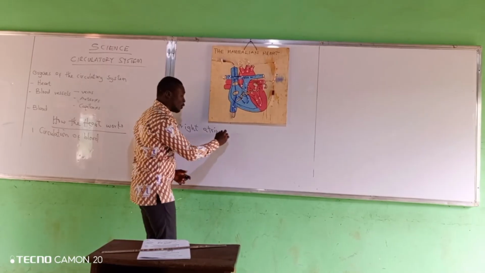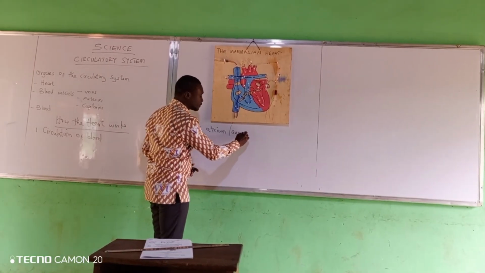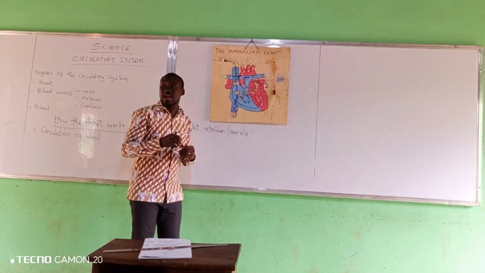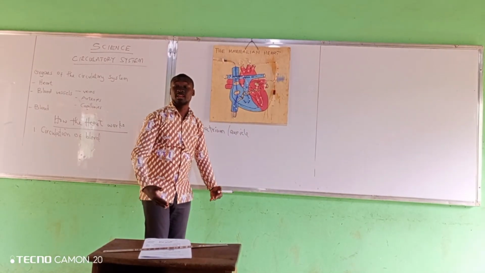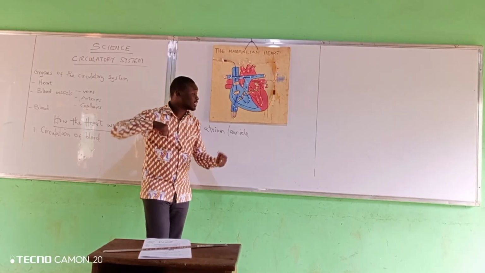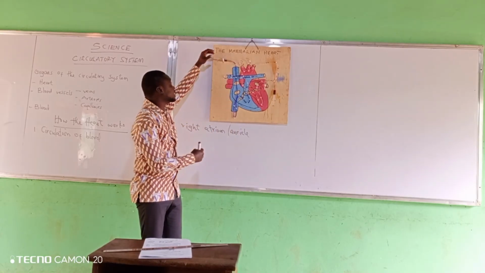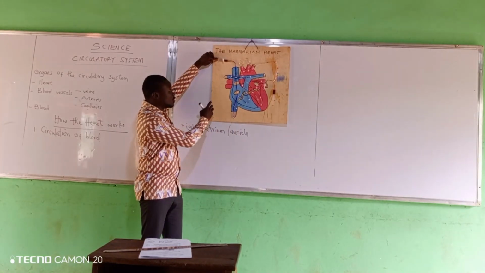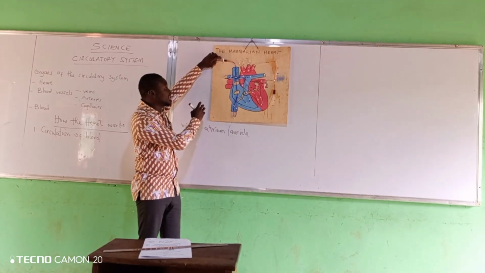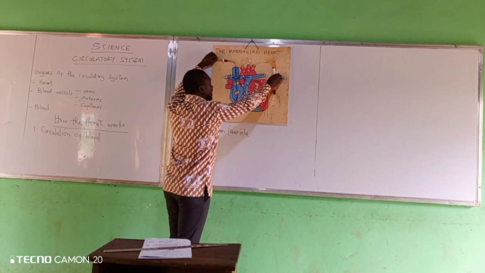Then the blood from the lower part of the body also enters the heart through the inferior vena cava. So that's the deoxygenated blood.